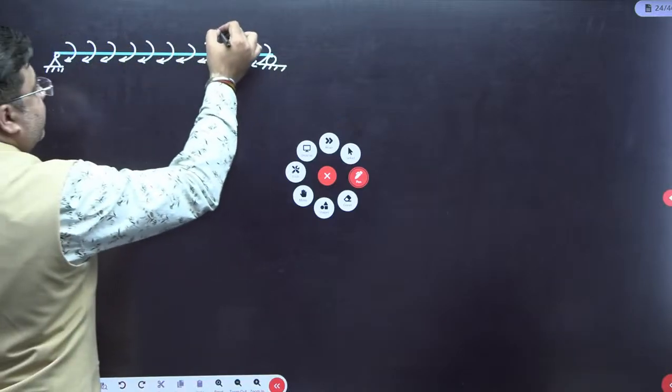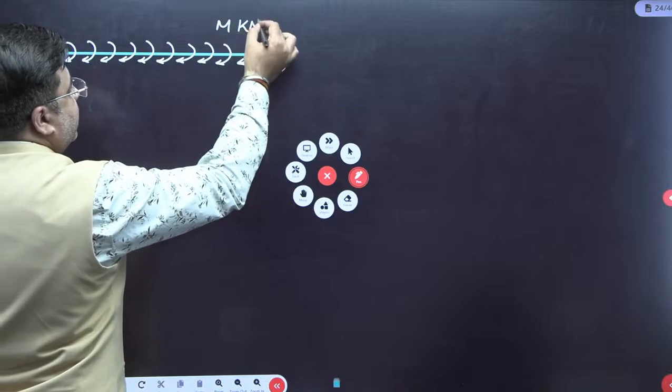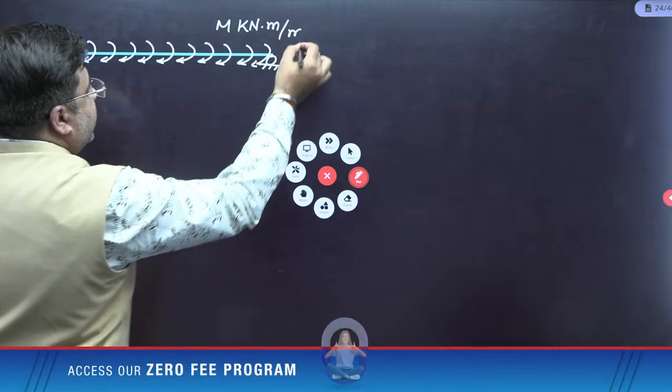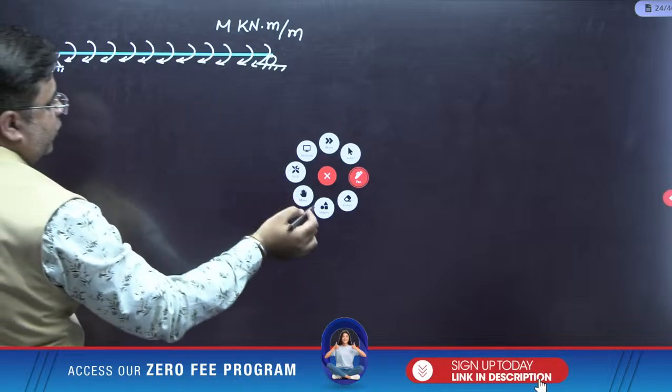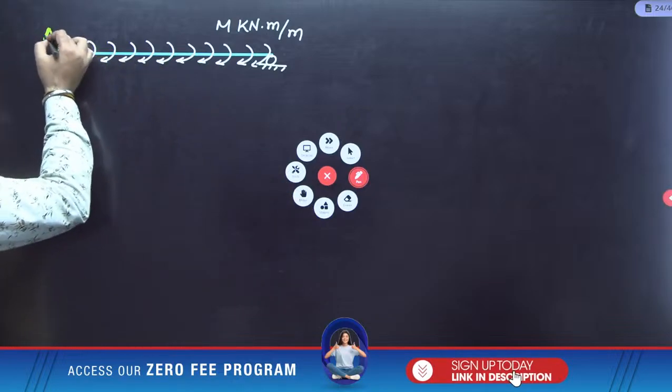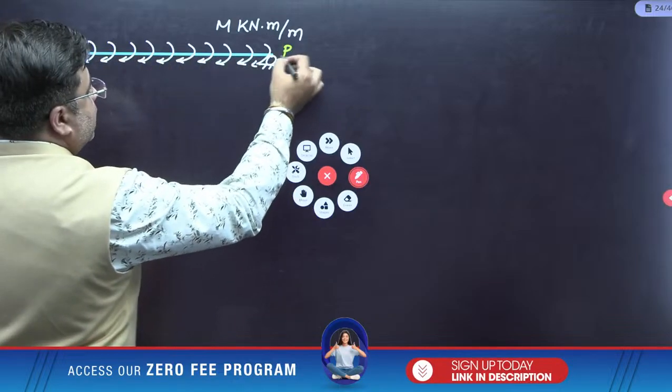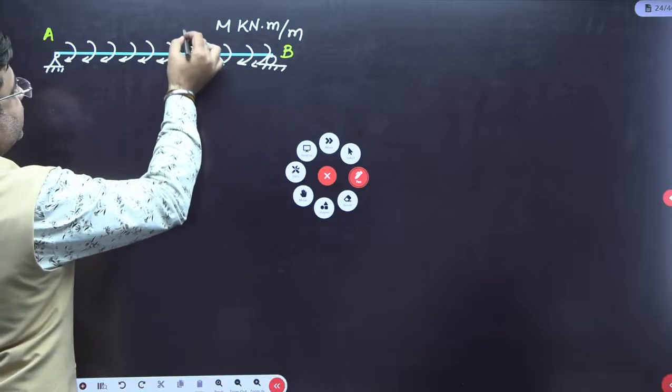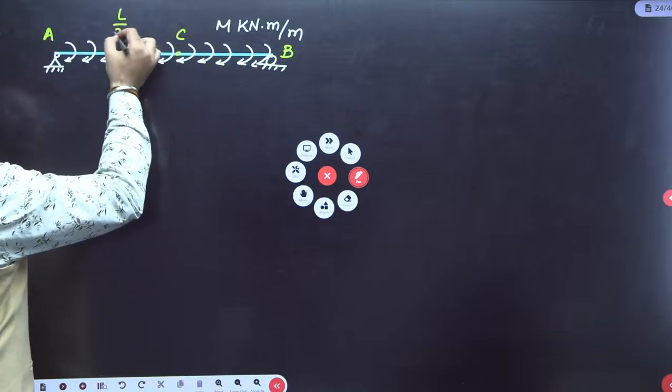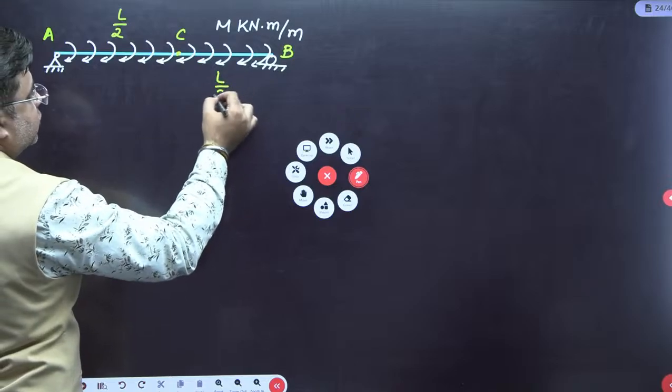This is M kilonewton meter per meter, right? The length of the beam is given to you as L. Let me take a few points. This is point A, this is point B, and the midpoint here is point C. And the distance between A and C is L by 2 and C and B is also L by 2.